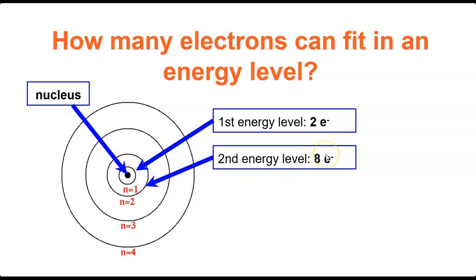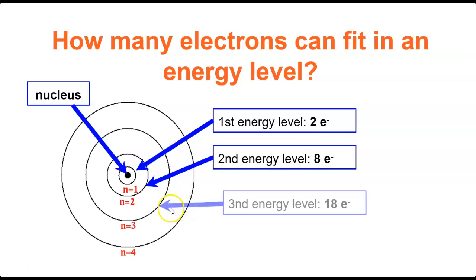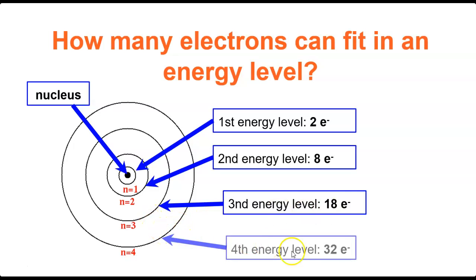So we saw this in our atom activity as well. The third energy level can actually hold 18 electrons. We didn't see that in the activity because we ran out of electrons before it was full. And finally, the fourth energy level can hold 32 electrons. All right, and so when you're adding electrons into the model of your atom, we have to fill up each energy level, moving from the inside to the outside.